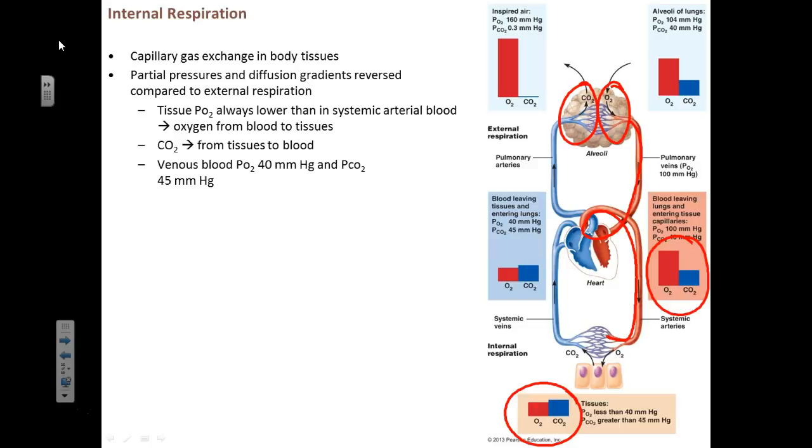Oxygen in the tissue is about 40. Oxygen will go from blood to tissue. Does that make sense? The partial pressure of carbon dioxide in the blood is lower than in the tissues, so carbon dioxide goes from tissues to blood. Does that make sense?